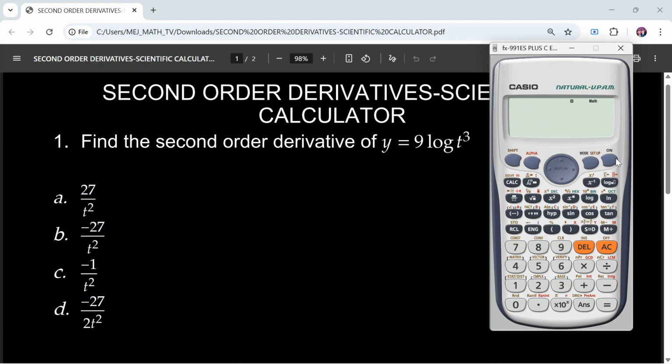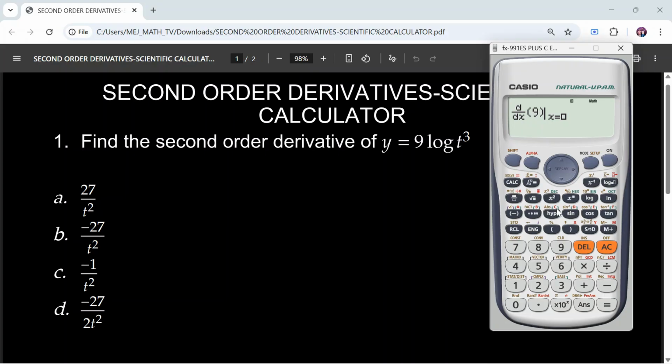The second question says that we are to find the second order derivative of y is equal to 9 log t to the power 3. So we are going to say shift dy dx. Then this is 9 log, so we are going to have 9.